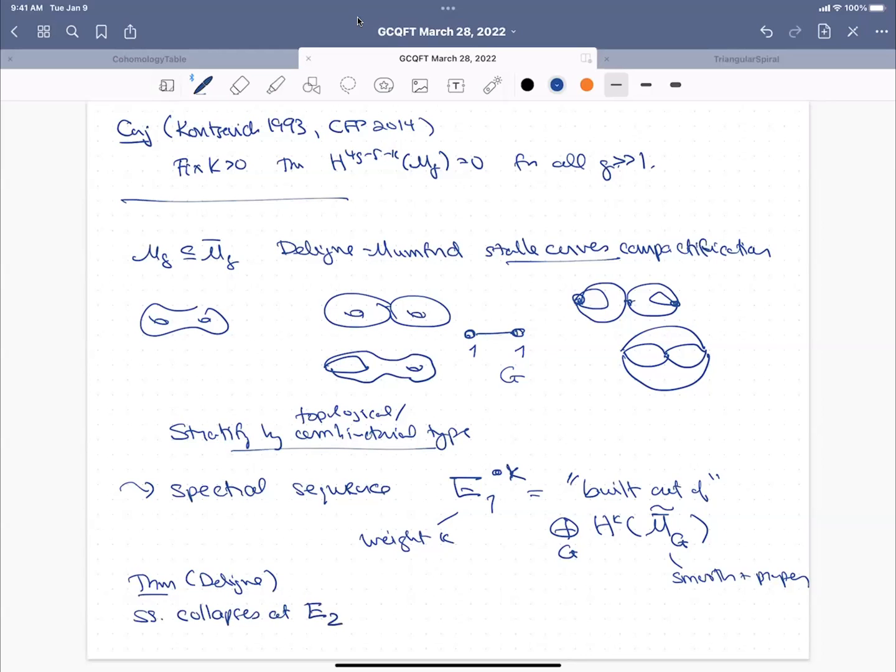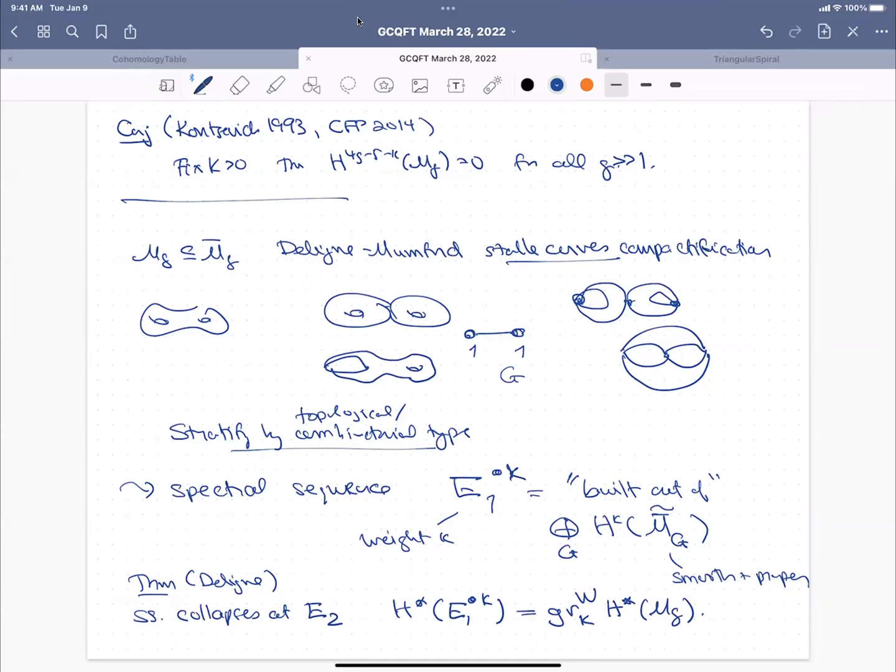So the cohomology of this row, E1.k, which is a chain complex of Q vector spaces, has some cohomology, and that cohomology is the kth graded piece of the weight filtration on the cohomology of M_g.